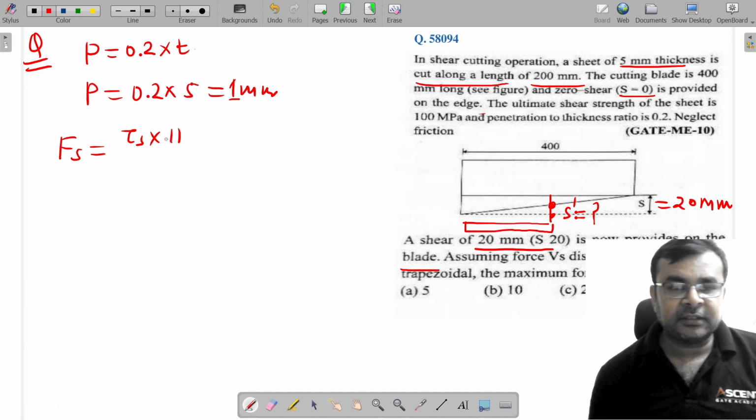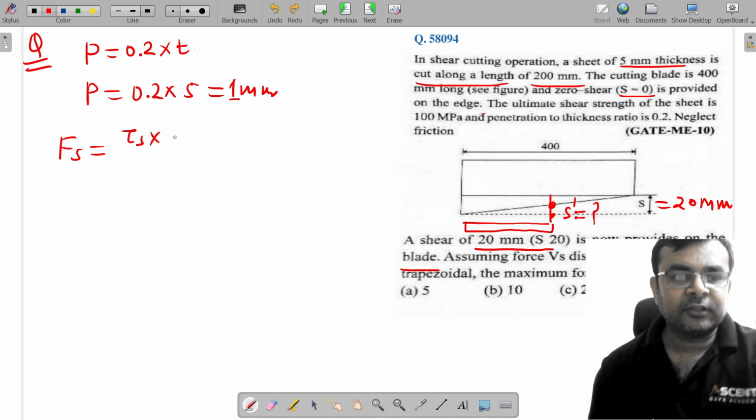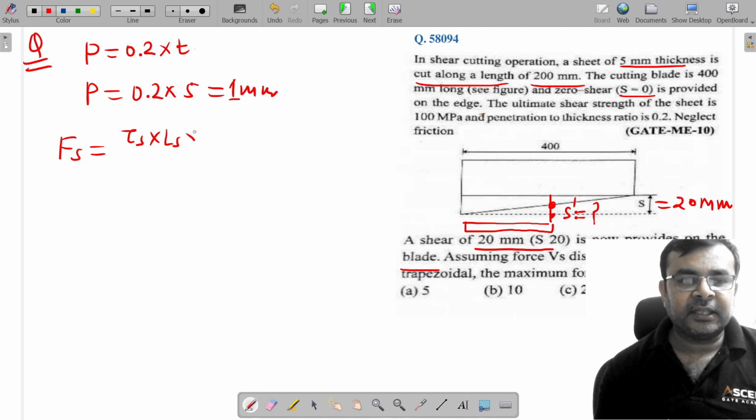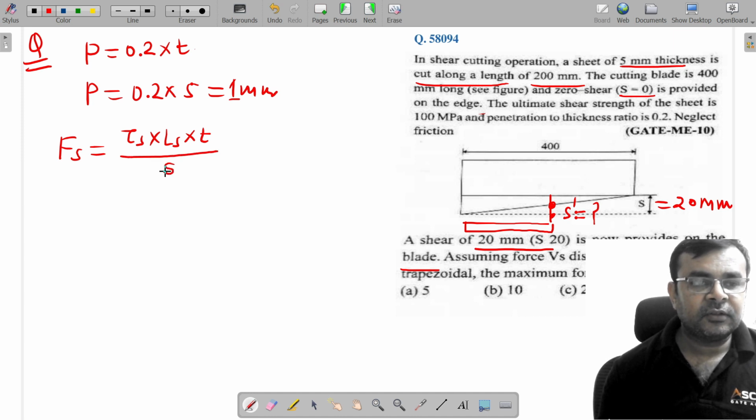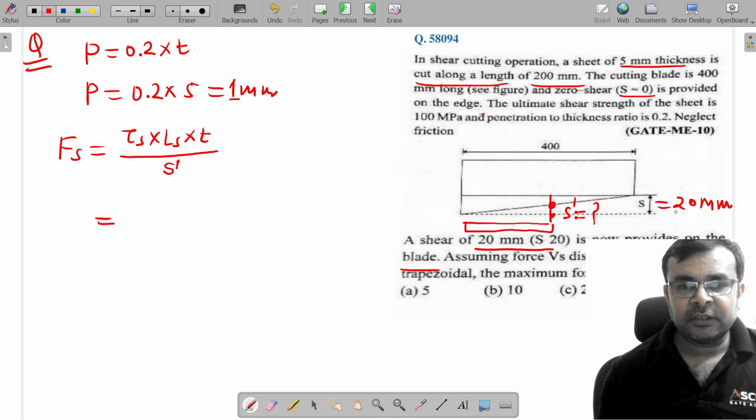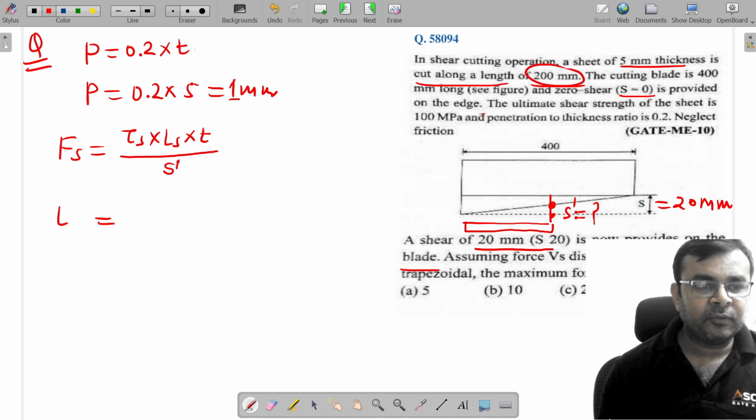Since this is a linear cutting, the length to be cut into thickness over shear. Correct? And what about shear? Let's say this is S prime, because the total shear is given, that is 20 mm, but the length of the blade is 400 and we need to cut a length of 200 mm. You can see here LS is given, that is 200 mm.